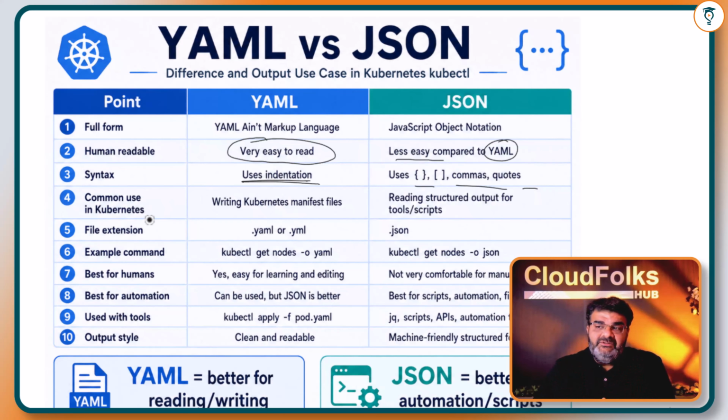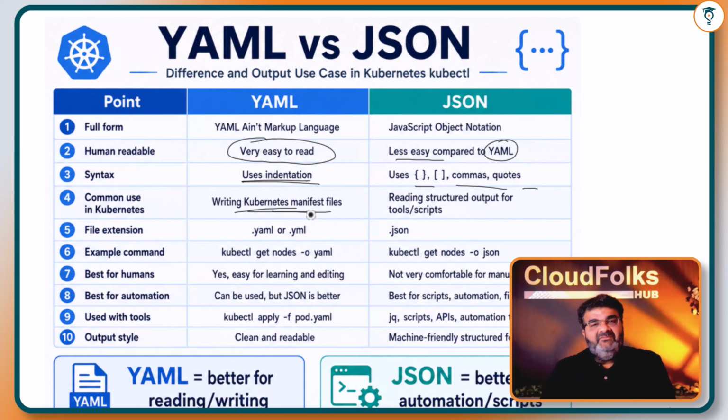Now, the common use of these two files in Kubernetes: YAML is used to write manifest files. In upcoming days, I will tell you how we write YAML files and create resources. So don't worry about it. But yes, for our journey, we have to understand how to write YAML files.